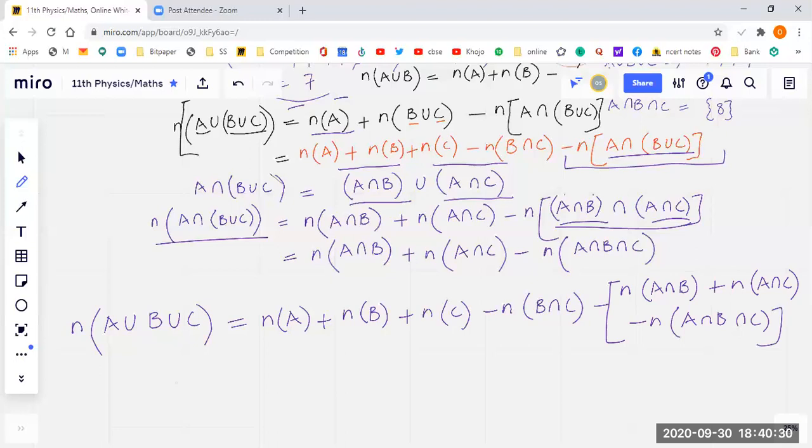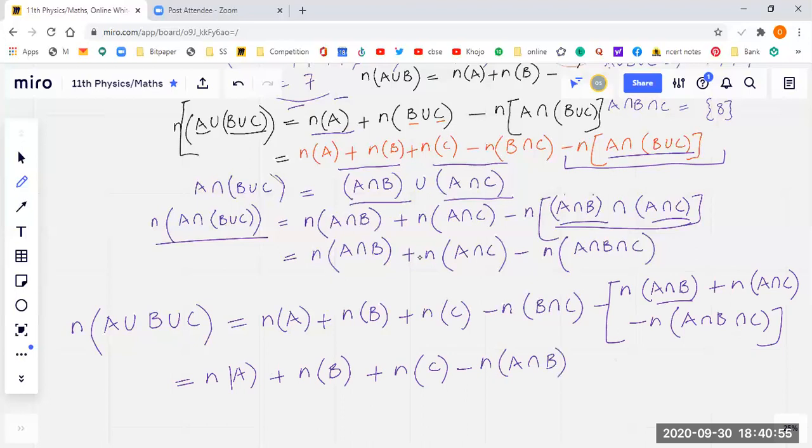Yes, sir. See what happens. Number of elements in A plus number of elements in B plus, tell me students, the more you speak the better it is. Ishma, you also speak. Number of elements in C. Now I put this first and this will be minus sign. So minus number of elements in A intersection B. Keep speaking, you will get benefit.